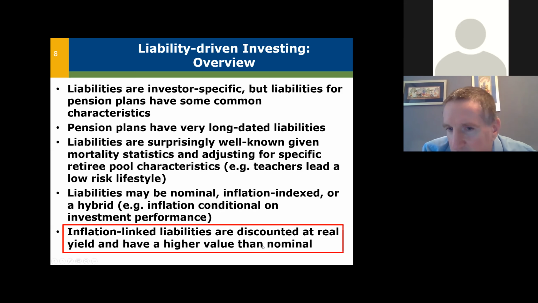So now my liabilities are actually $50, that is $1 divided by 0.02. I can't remember what the value was under the nominal case, I think it was like $10. But the point is that the liabilities are significantly more valuable if they're inflation linked, and most pension plan liabilities are inflation linked. So that's one key insight you should be aware of.